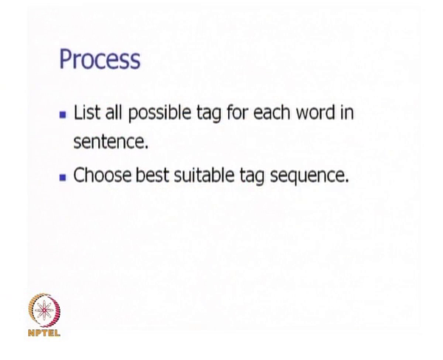Continuing with the discussion on part of speech tagging, we have seen that the process is listing all possible tags for each word in the sentence, and we choose the best suitable tag sequence. Now, when we say list all possible tags, this is only one of the options. There are other ways of starting the part of speech tagging process, where we take only the feasible tags for a word.